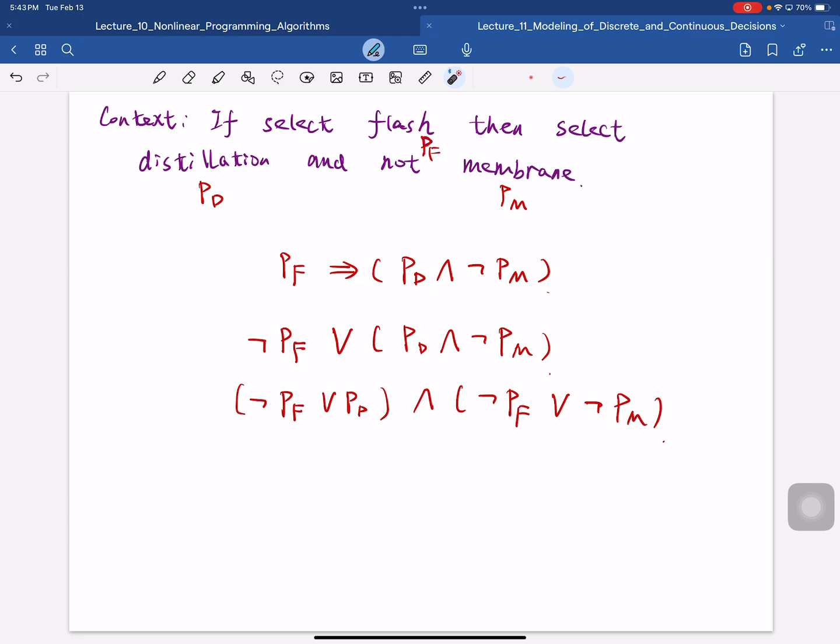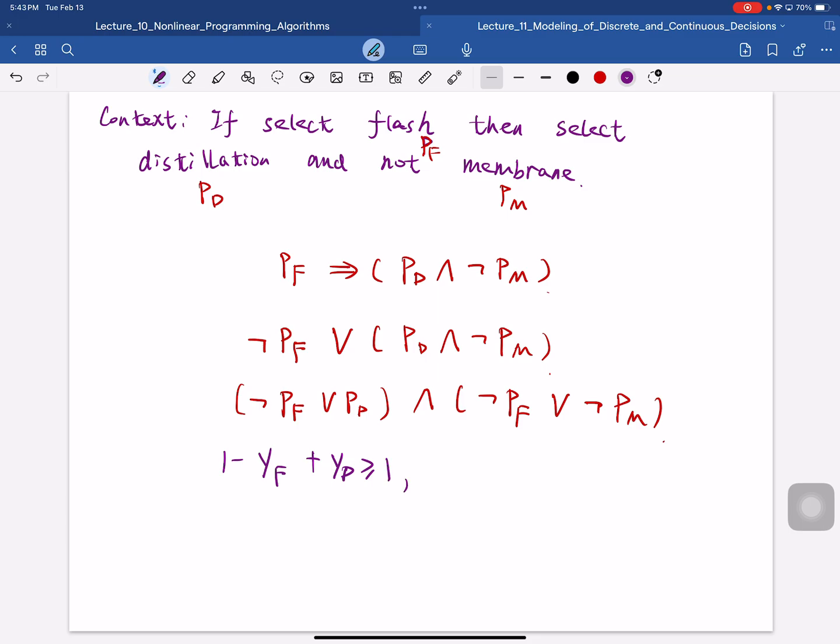Okay. Now we can translate this into constraints. Since you have the and here, you just enforce the two clauses respectively. The first constraint will be 1 minus YF plus YD greater than or equal to 1.